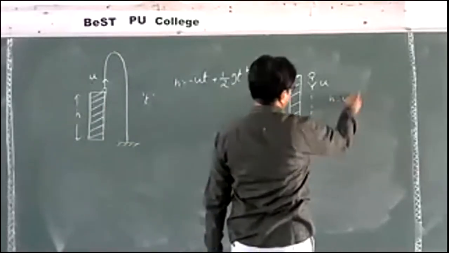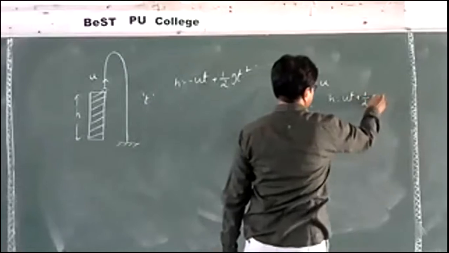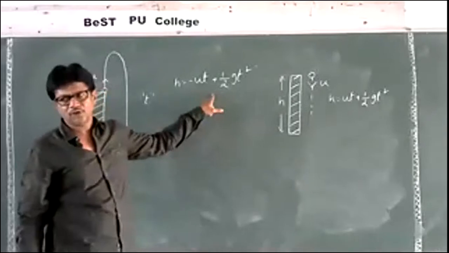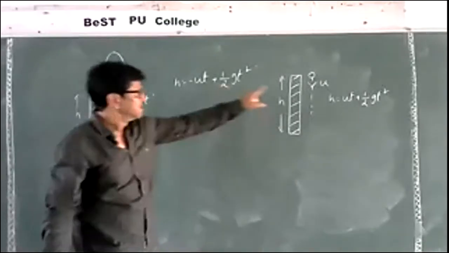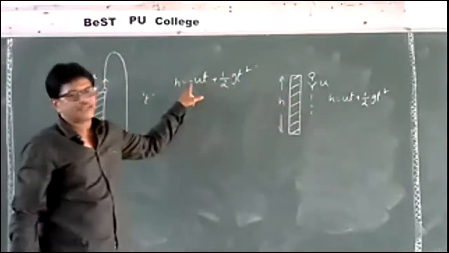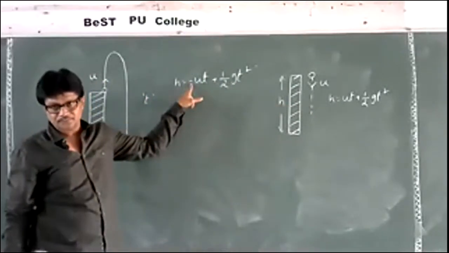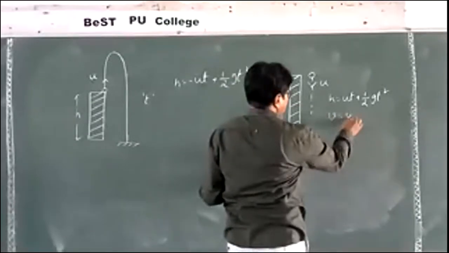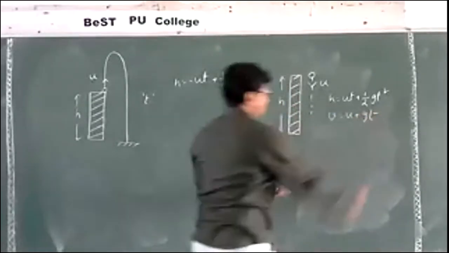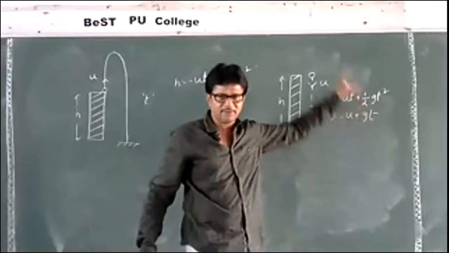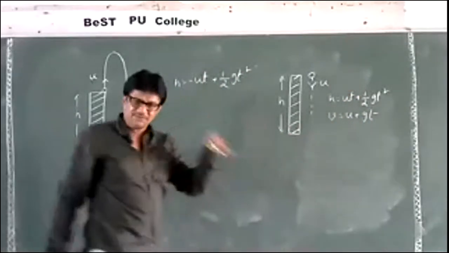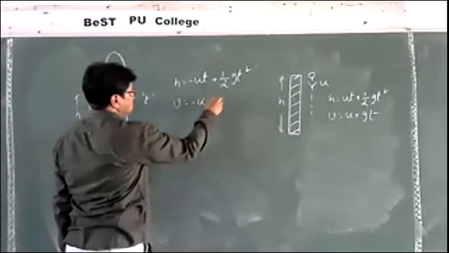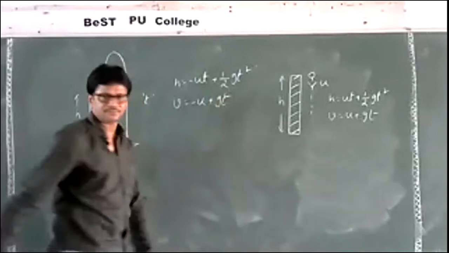We got the formula ut plus half gt square. Here also we get the same formula, but the one difference is that the initial velocity we consider as negative. Similarly, the formula v is equal to u plus gt, to find the final velocity after a certain time, in this case the same formula we can make use of: v is equal to minus u plus gt.